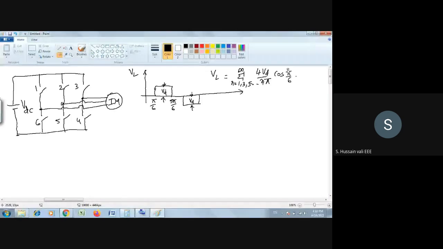Cos N by 6 into sine omega t plus 5 by 6. This is the expression you will get when you resolve this waveform into a sum of sinusoidal waveform using Fourier series. So you will get this thing.